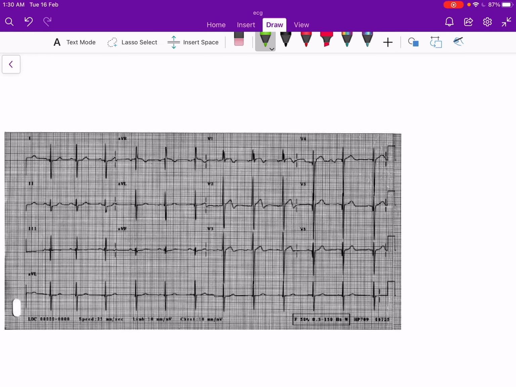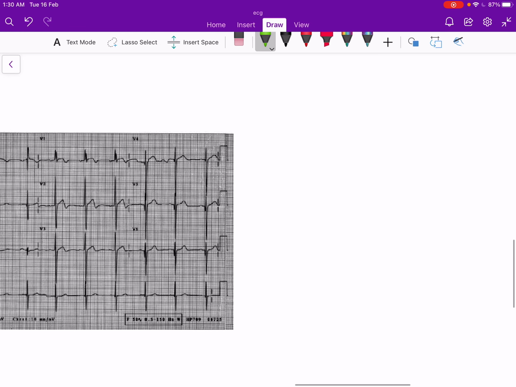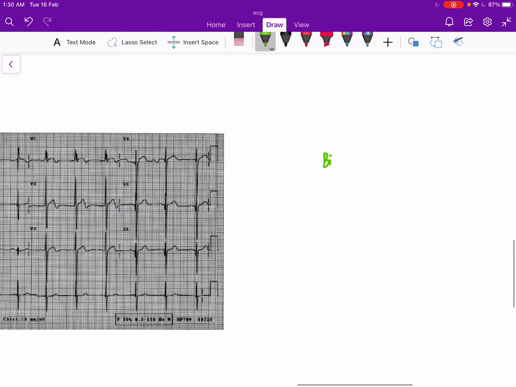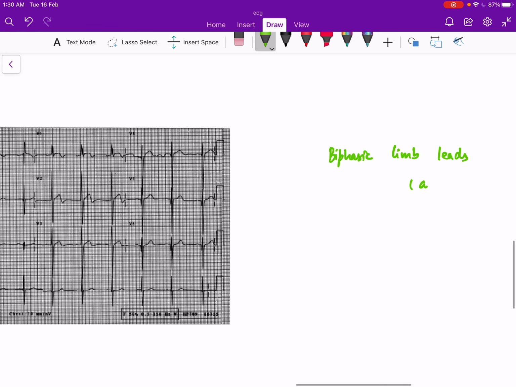Sometimes we'll have an ECG in which the limb leads will be biphasic everywhere. If all limb leads are biphasic, then what is the axis of the ECG?